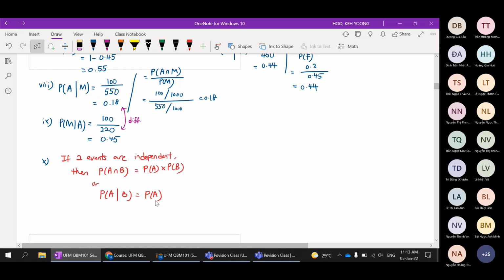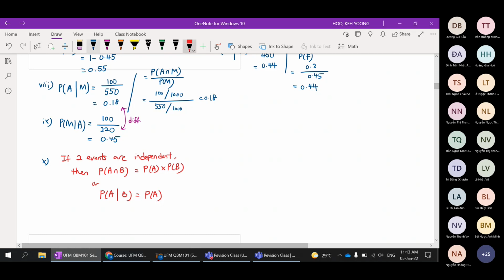I'm not sure which method you have learned, or maybe you have learned both. So you can use either one to prove: either the first one, A intersect with B, or you use the conditional probability.